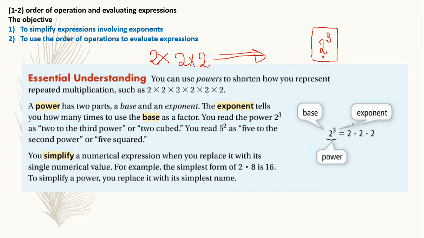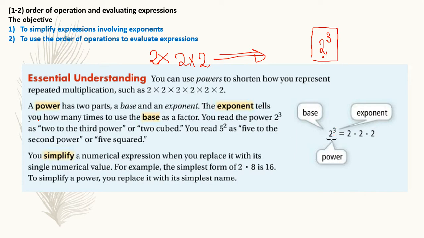Now, the one that we have down, we call it a base. So a base is a factor. So 2 is a base. Now 3, the number on the top, is an exponent. This is the number of times that you repeat the base.